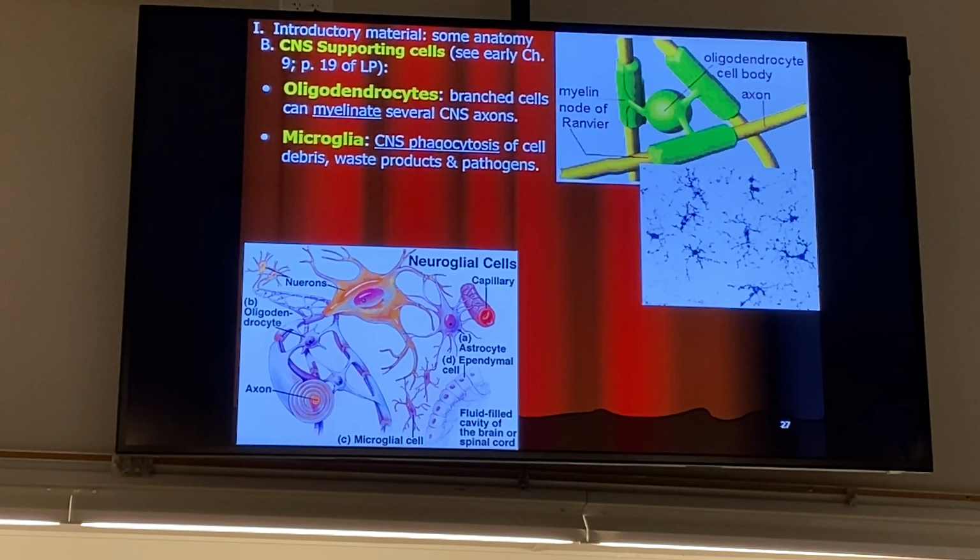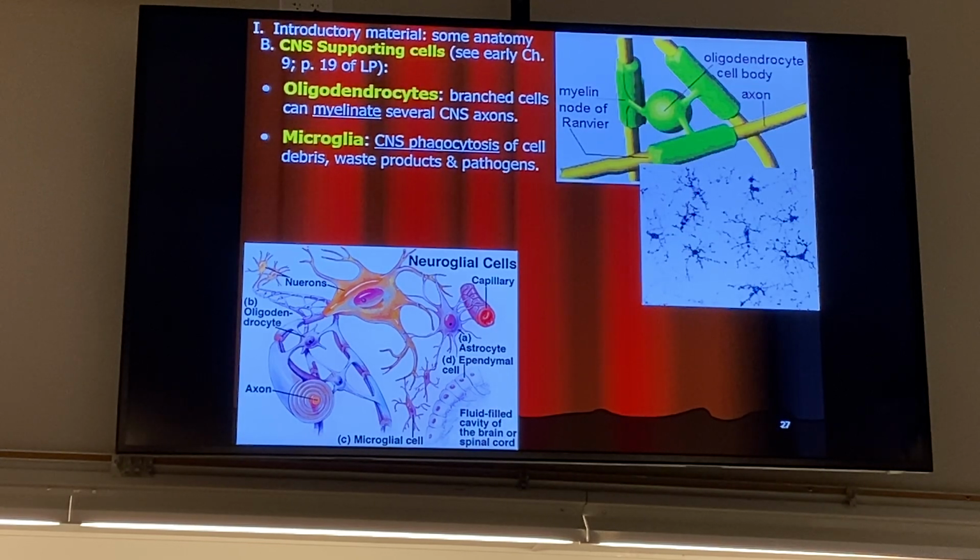So there must be a cell there to do that job, and that's the microglia. They are the fixed phagocytes of the CNS. And again, the reason why is because your white blood cells can't get past the blood-brain barrier. If you have white blood cells on your brain and spinal cord, you are knocking on death's door.